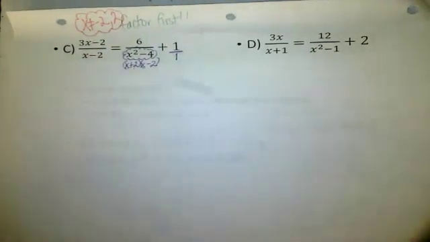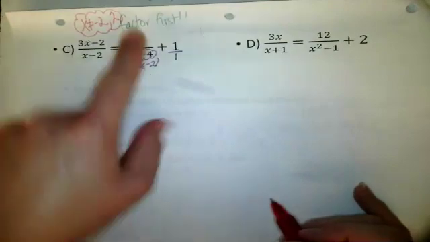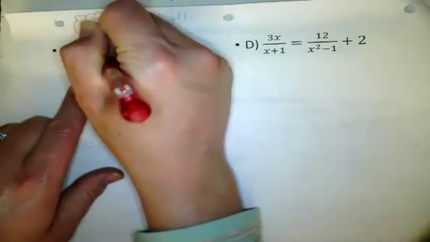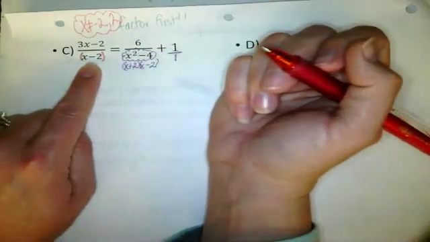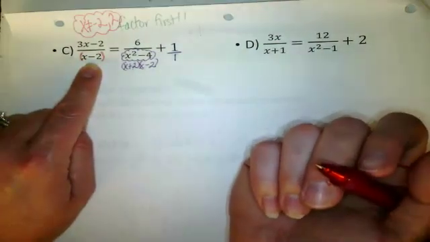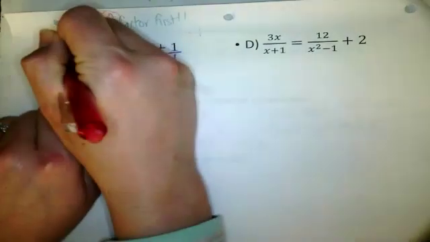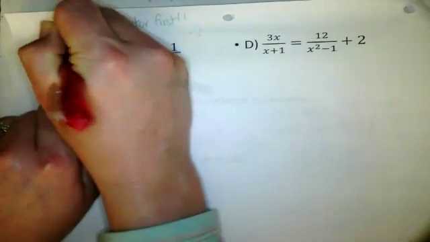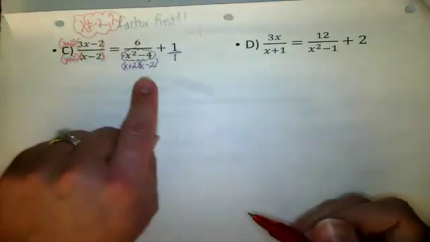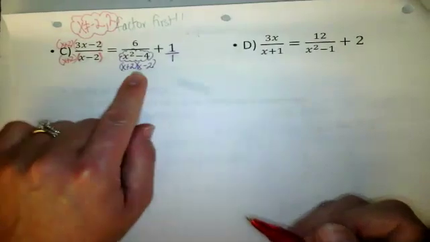All right, now I want to make all my denominators match. 6 has a couple of bubbles. I want to make sure I've got all of them. So this first fraction already has the x minus 2. What's missing? x plus 2. Yes, so I need x plus 2 on top and bottom. My fraction with the 6 is good.